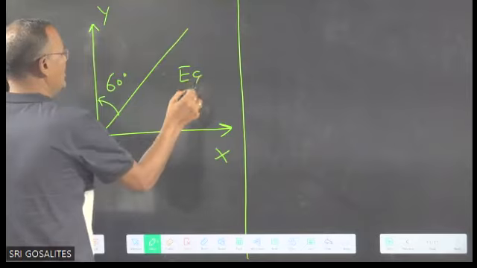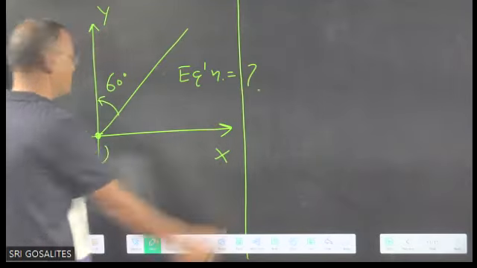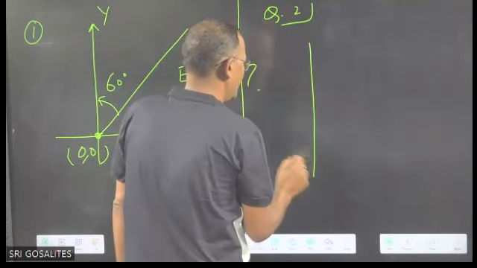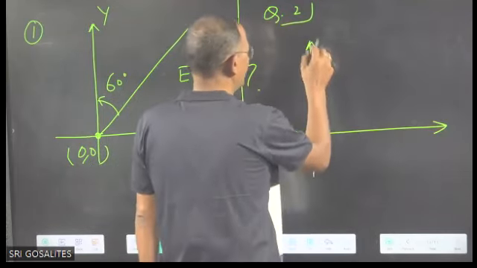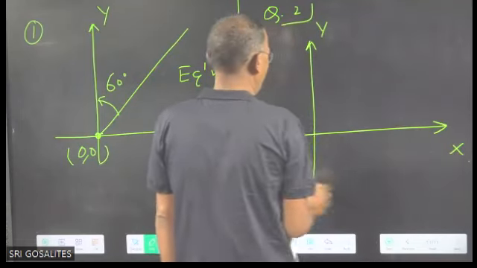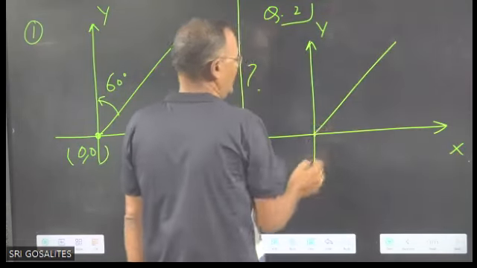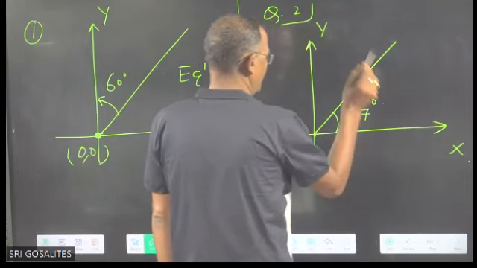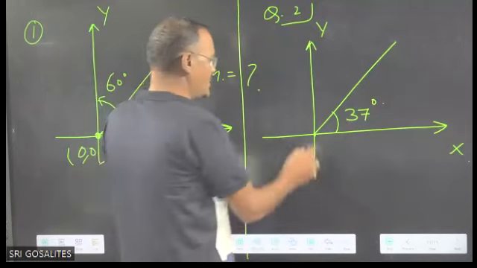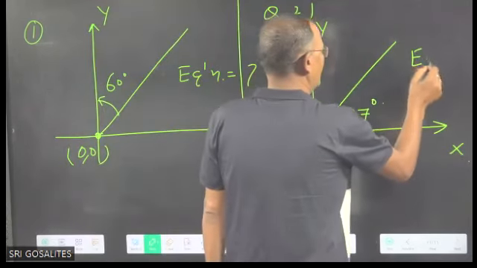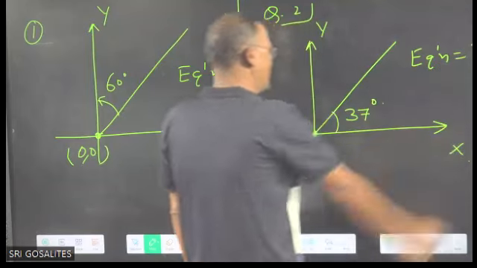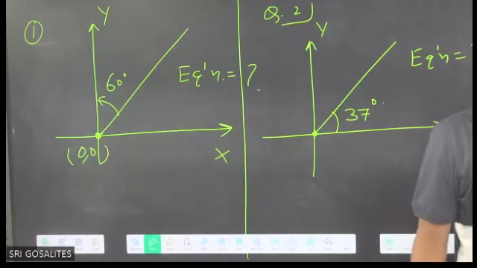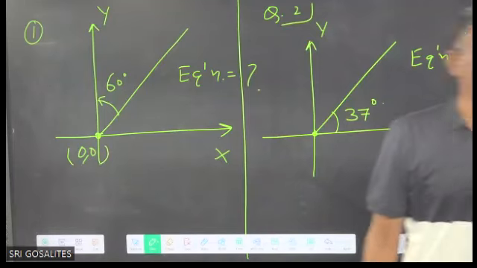I need the equation of this line. Come on, bacho. Question number 2. 37 degree and it is passing through the origin. What will be the equation of this line? What is the equation of this line? Come on, tell me. Don't be in a hurry, take your time. I give you 3 minutes. Come on.